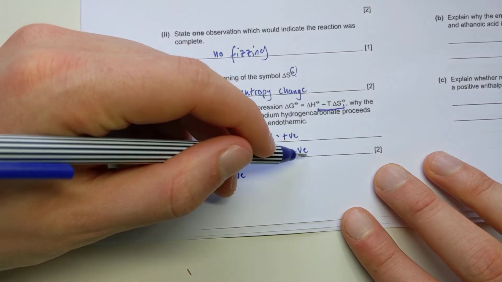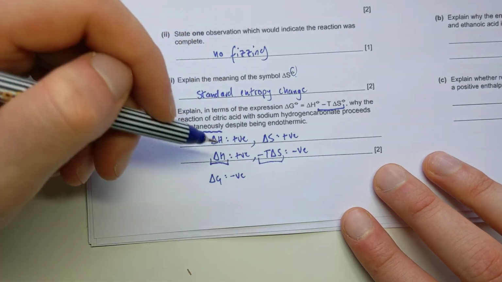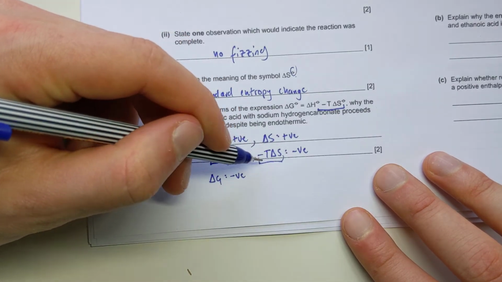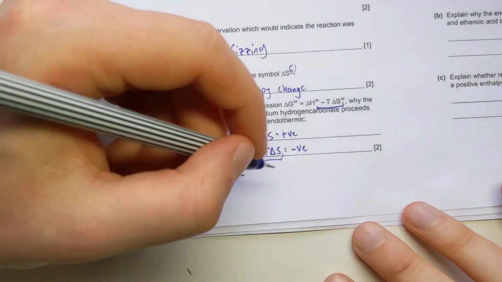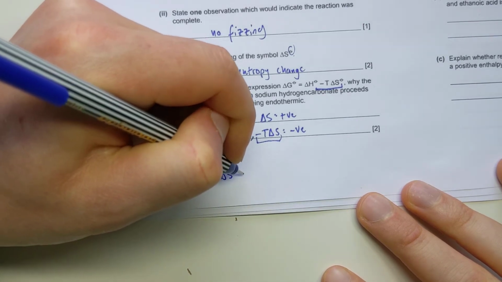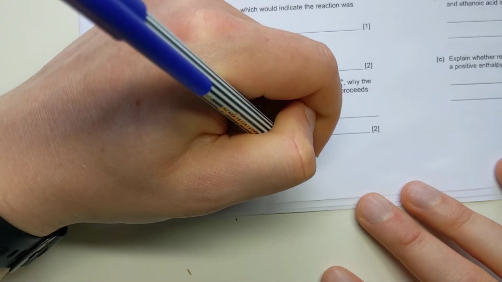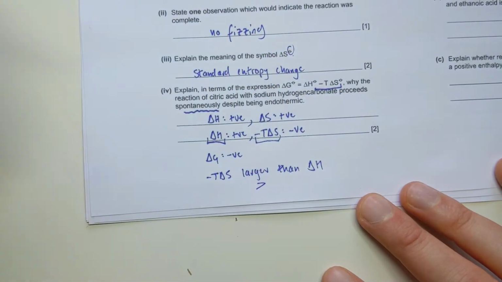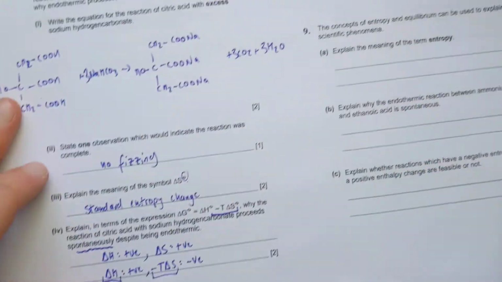If this term is bigger, the negative is bigger than the positive and the overall thing will come out negative. However, if it's the other way around, if delta H is bigger than T delta S, the overall reaction will come out positive. So to round off the answer, what you need to say is that the minus T delta S is going to be larger in value than delta H. You can use greater than, less than signs for that as well. But that pretty much answers the question.